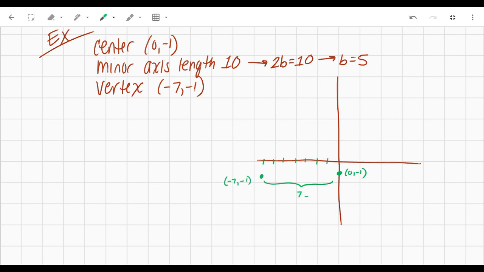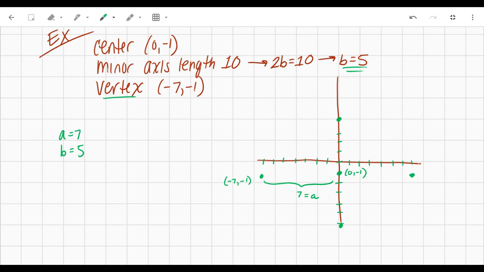So that's A. The vertex is always on the major axis. So A is 7, B is 5, because we figured that out up here. We would go up 5 and down 5. If we were trying to sketch the whole thing, we could go right 7.